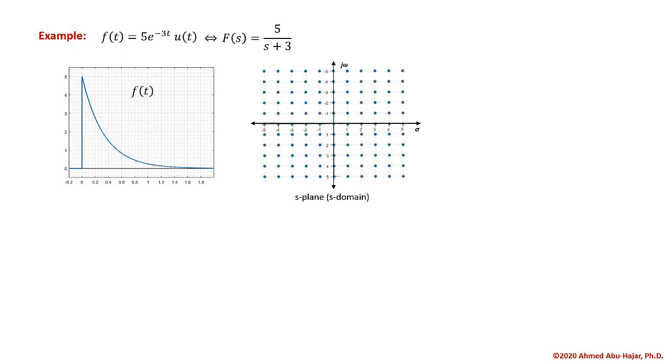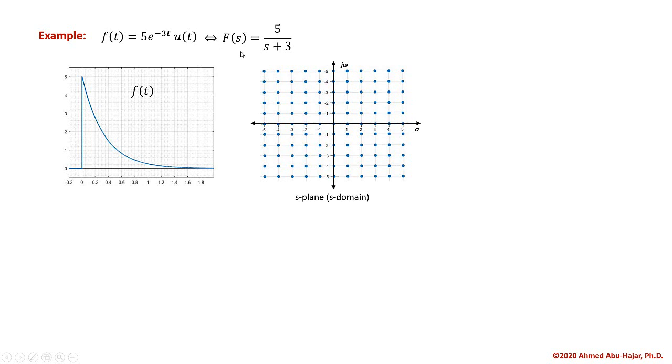It basically represents all possible values of s, the possible domain. This analogy is very similar to the time axis. The time axis here represents all possible values of t and f of t. The s-plane represents all possible values of s into f of s. It's the domain of f of s.